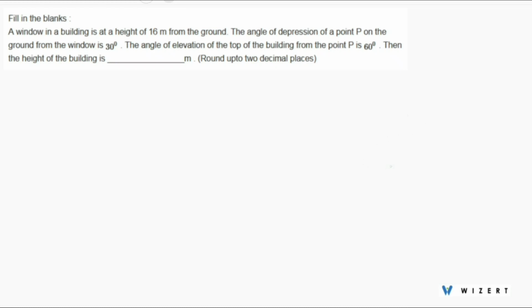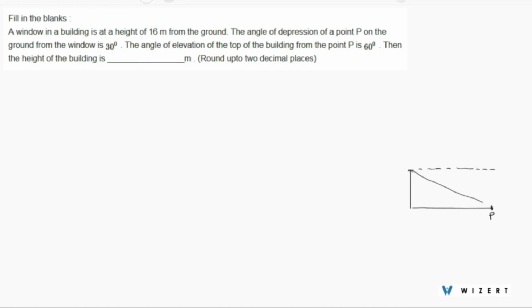So let's see. Let's try and visualize the situation here. This is the position of window, and the question says that the angle of depression of this point P is 30 degrees from this height, that is 16-meter height.